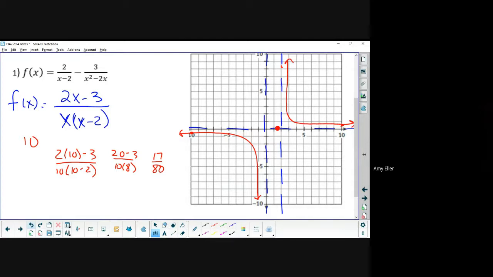Alrighty, the middle part, which is the trickiest. Here's one thing I mentioned in the last lesson. If you look at an asymptote, and on this side of the asymptote, the arrow's going down, what's gonna happen right on the other side of the asymptote? It's gonna do the opposite. So this guy is going up.